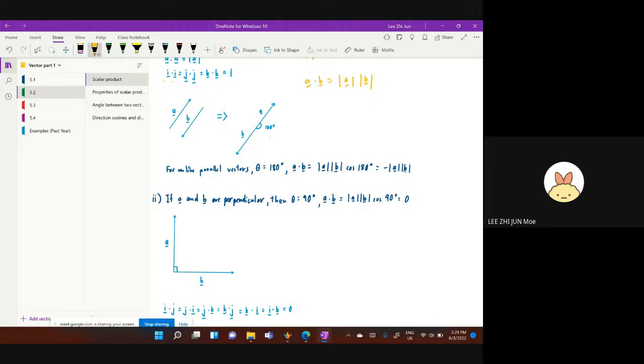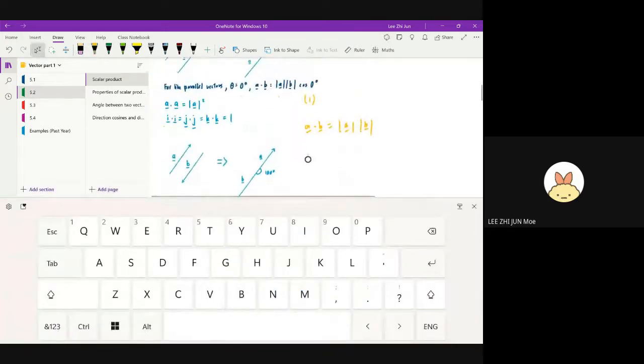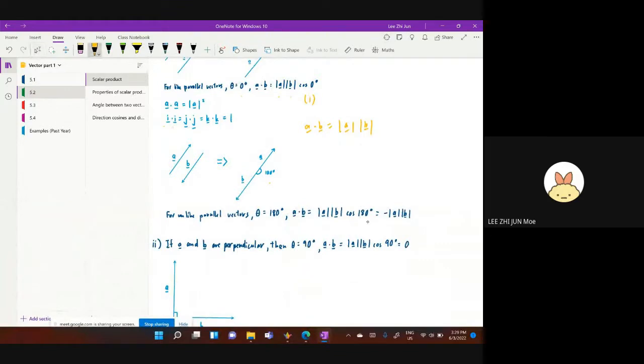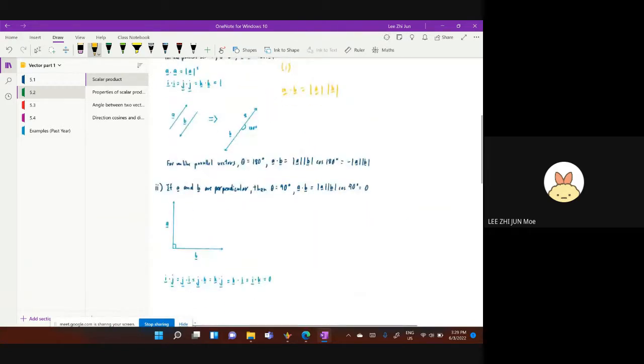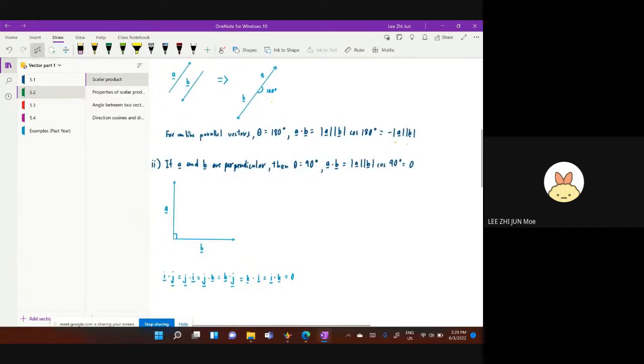The dot product of A and B will be magnitude A magnitude B cos 180, so it becomes negative magnitude A magnitude B. If A and B are perpendicular, theta will be 90 degrees, so magnitude A magnitude B cos 90 degrees, and cos 90 degrees is 0. So the final answer will be 0.